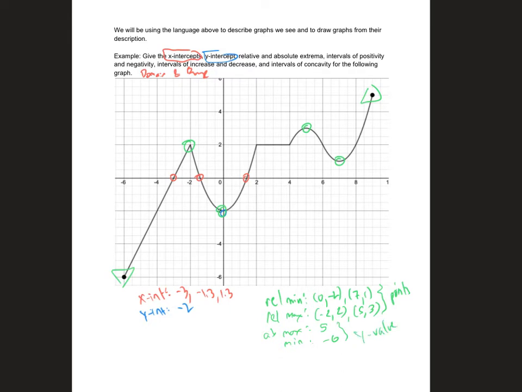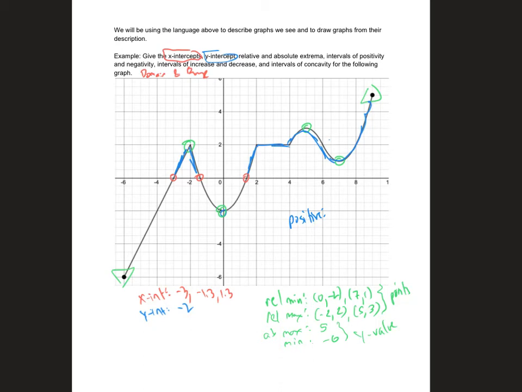Now, intervals of positivity and negativity. The graph is positive here to here and here onward because it's above the x-axis, right? Now, when I go to write positivity and negativity, I could write 2 inequalities that indicate where those things are happening.